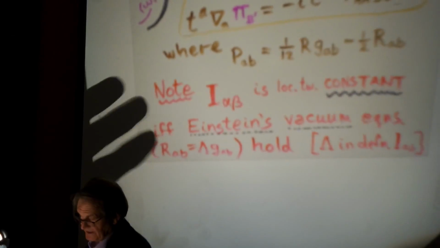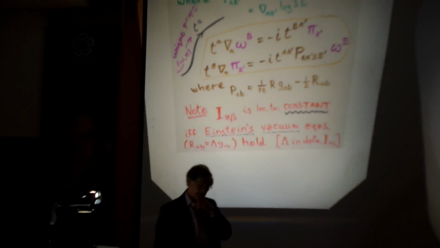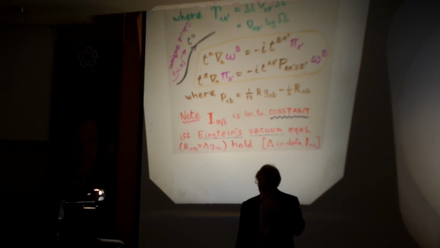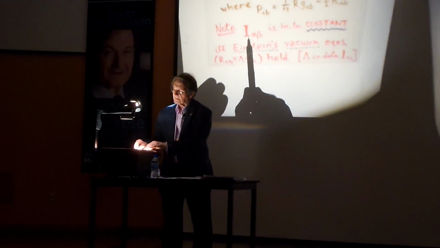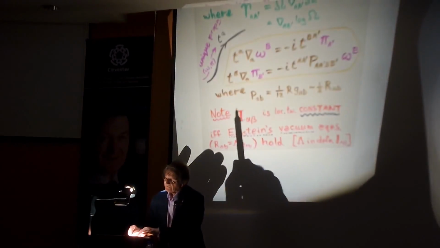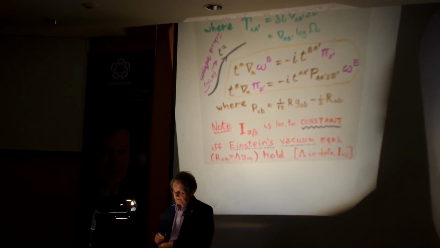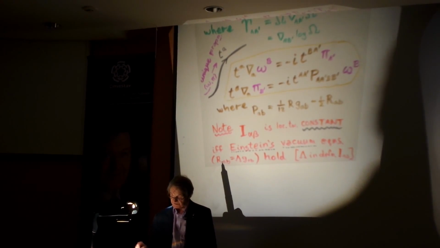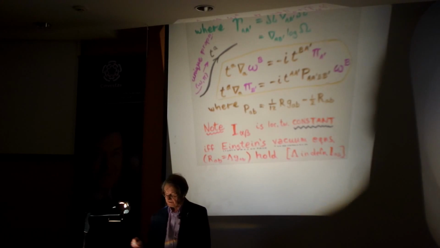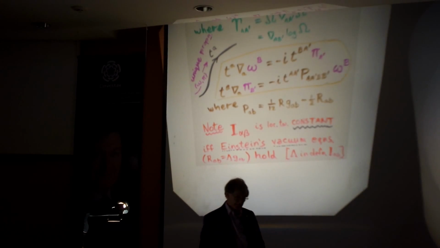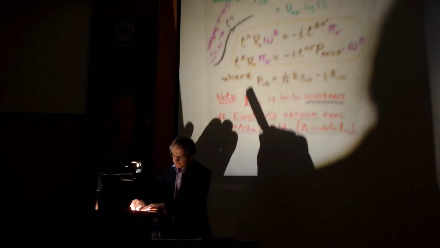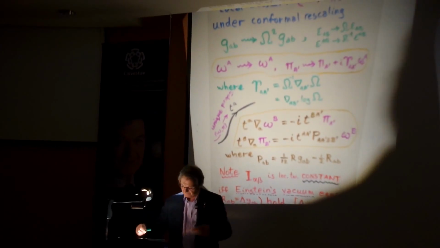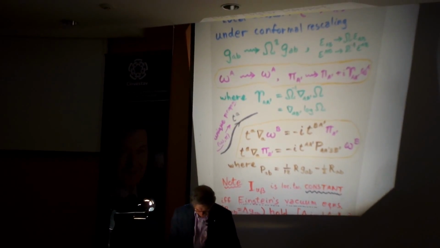However, there's a very interesting thing here, which I knew for a long time and never quite saw the point of, which is that for your infinity twistor to be constant is a necessary and sufficient condition for the Einstein vacuum equations. So the Einstein vacuum equations are equivalent to the infinity twistor, defined as I gave you before, being constant. Well, did I give it to you?